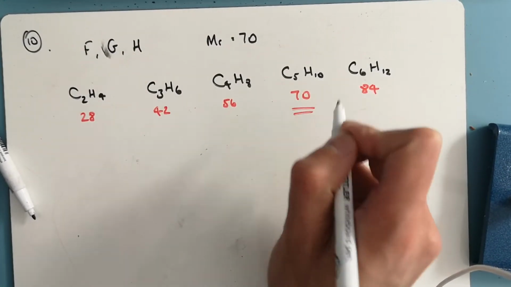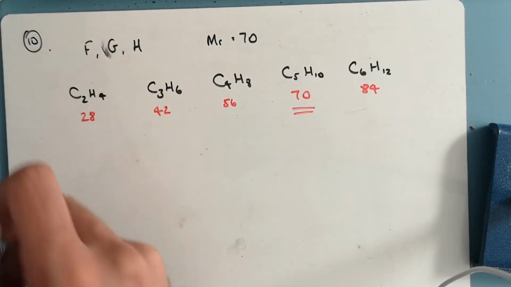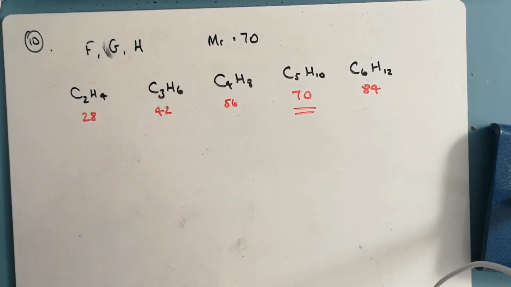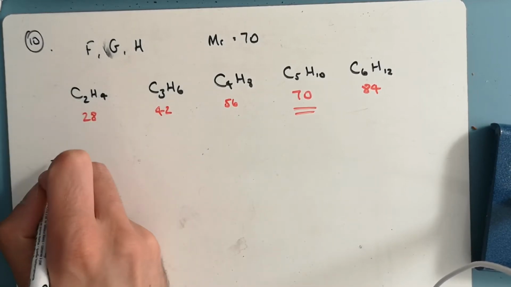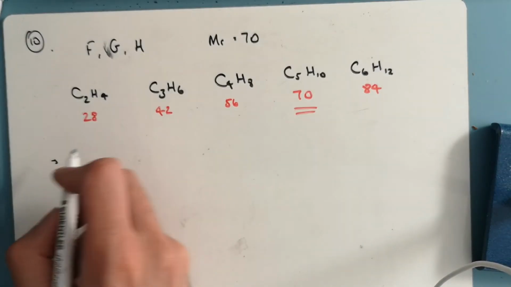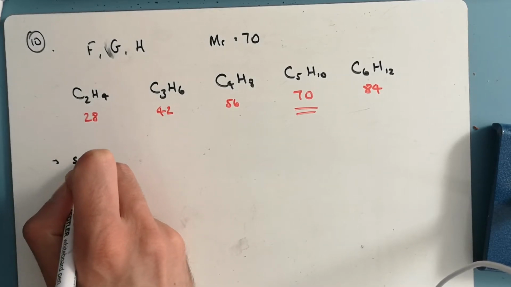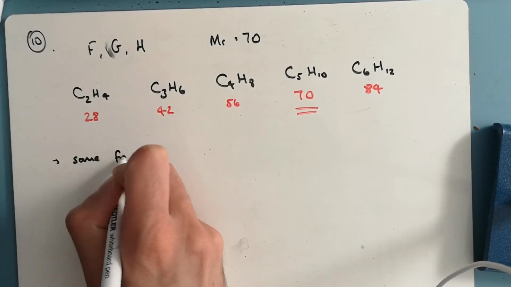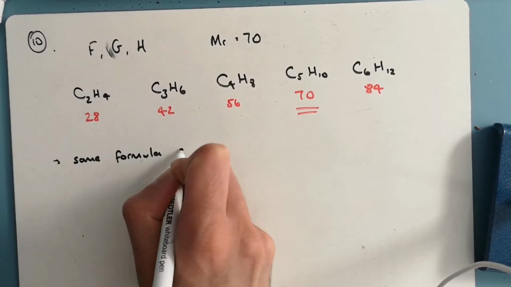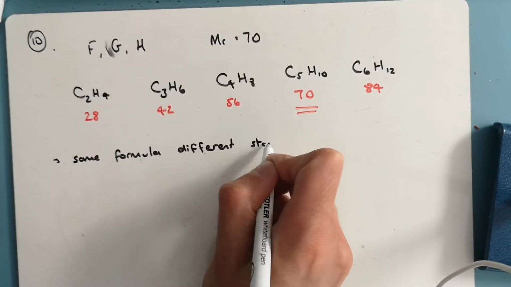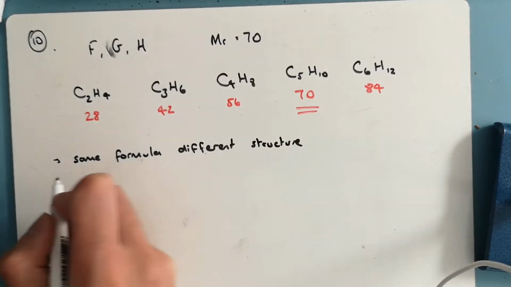So this C5H10 is F, G and H. So they're all isomers of each other, so they're all C5H10. Structural isomers have same molecular formula, different structure. So 1 mark, I think that came up in an earlier question as well.